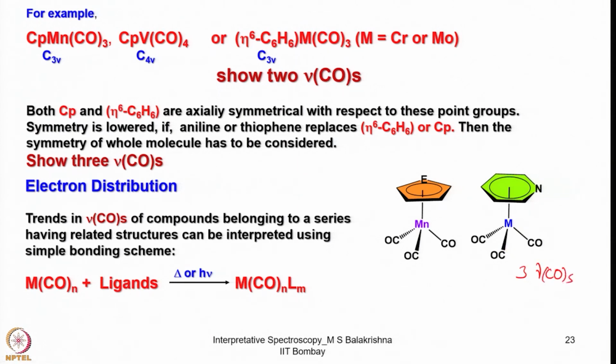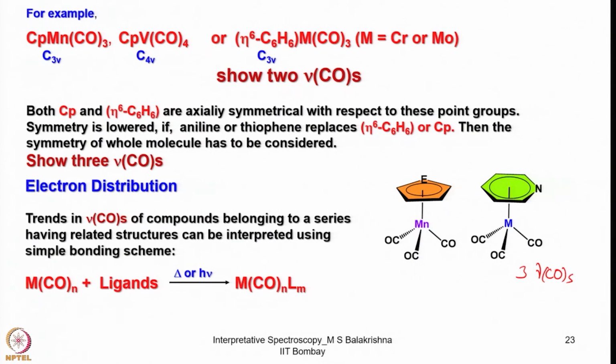The trends in stretching frequency of compounds belonging to a series having related structures can be interpreted using a simple bonding scheme. For example, how to make these compounds? We take a homoleptic carbonyl, for example, iron pentacarbonyl, or chromium, molybdenum, tungsten hexacarbonyl, or Mn2(CO)10, or Co2(CO)8 in the case of cobalt.